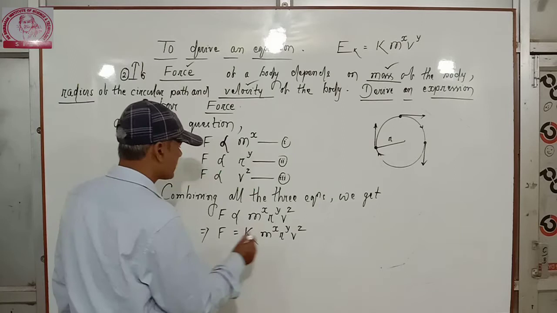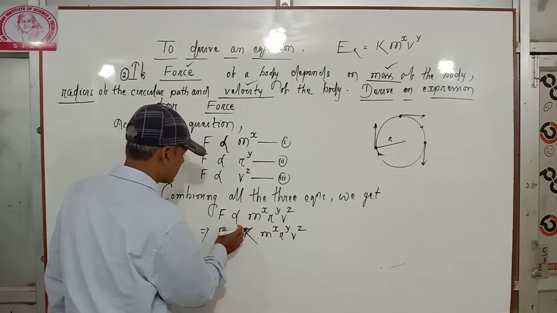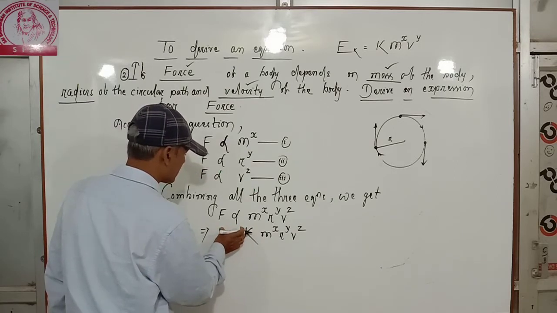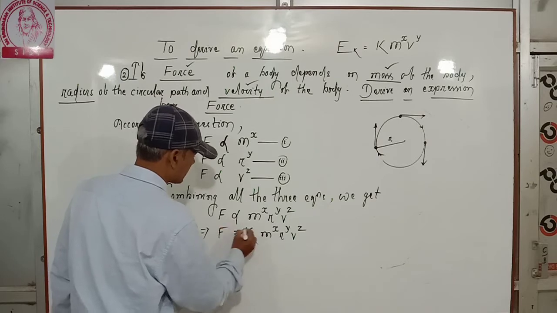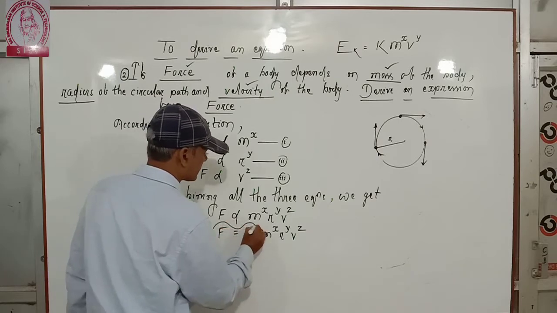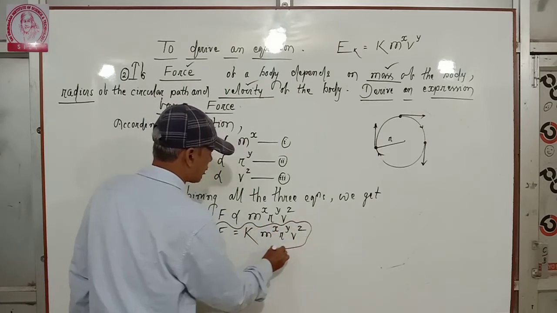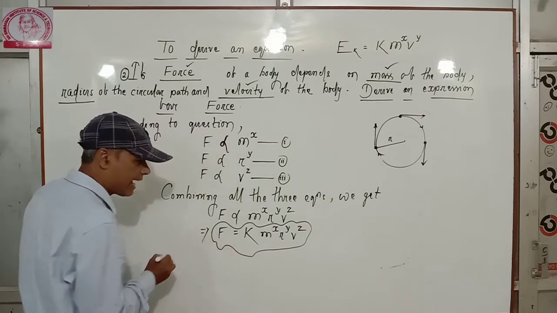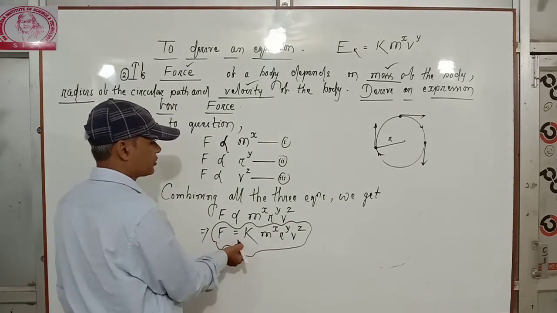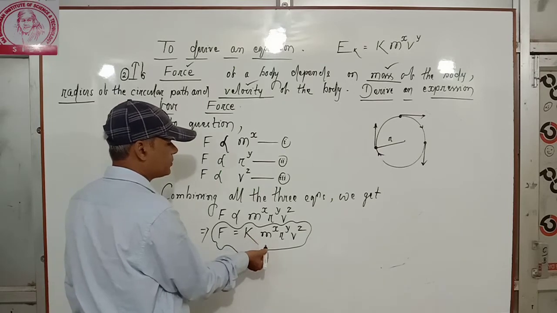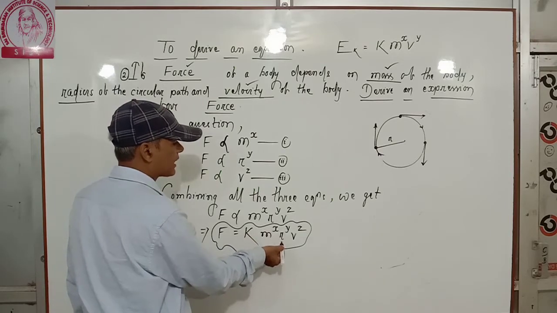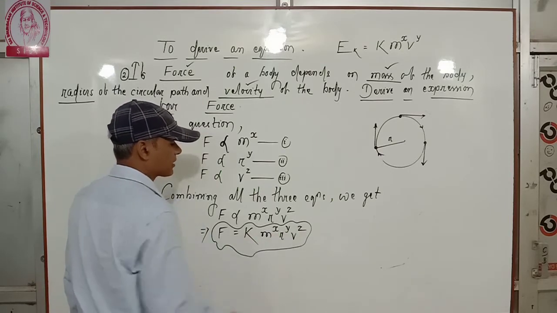Right? So now we have the equation of force as F is equal to K into m to the power x, r to the power y, v to the power z.